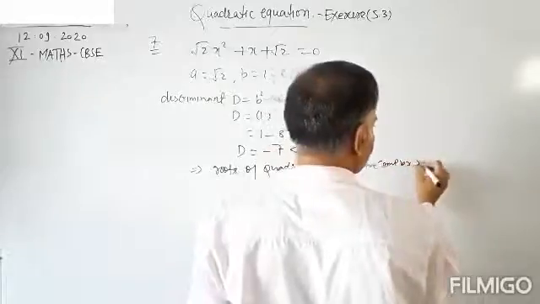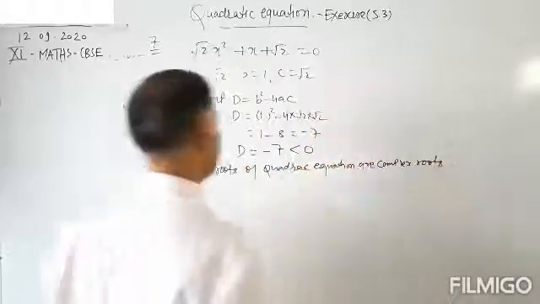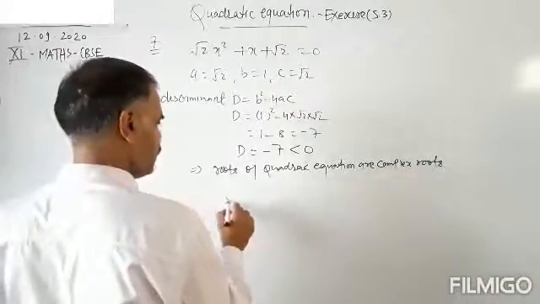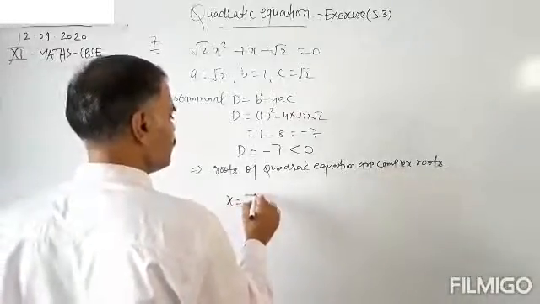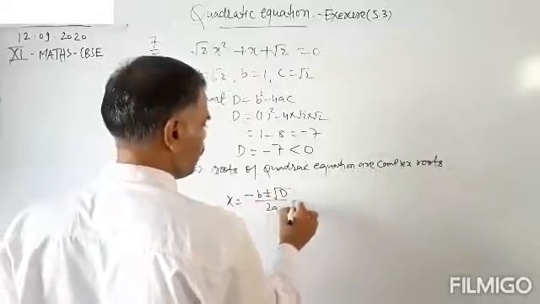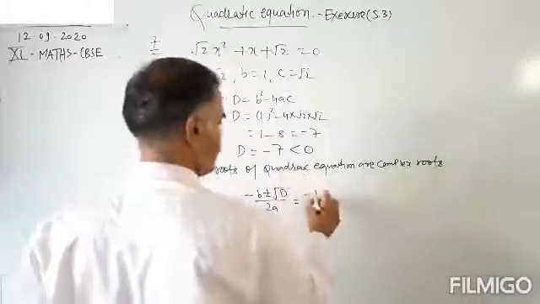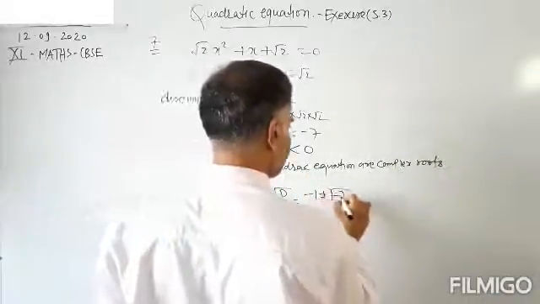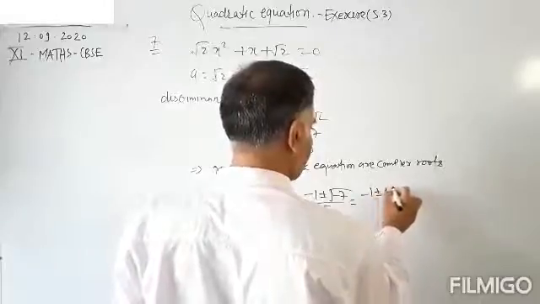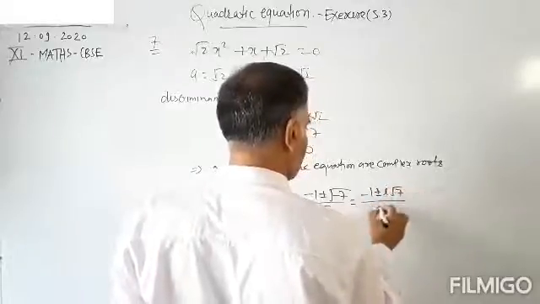Now we will find the roots. x equals minus b plus minus under root d upon 2a, which is minus 1 plus minus under root minus 7 upon 2 under root 2. So minus 1 plus minus iota under root 7 upon under root 2.